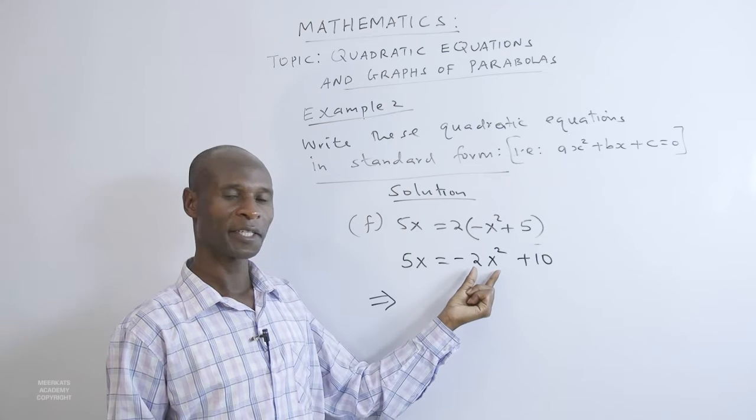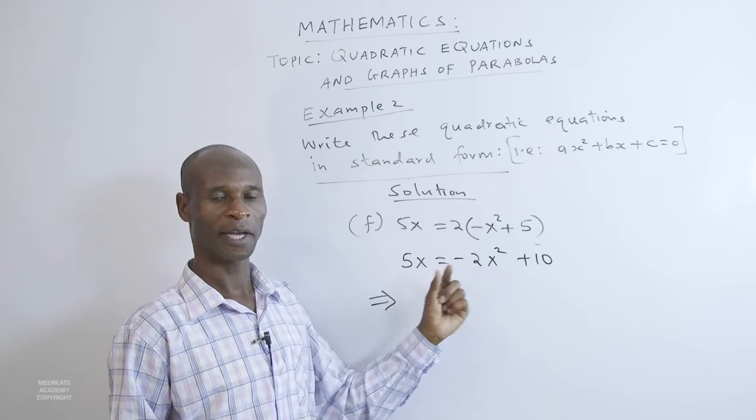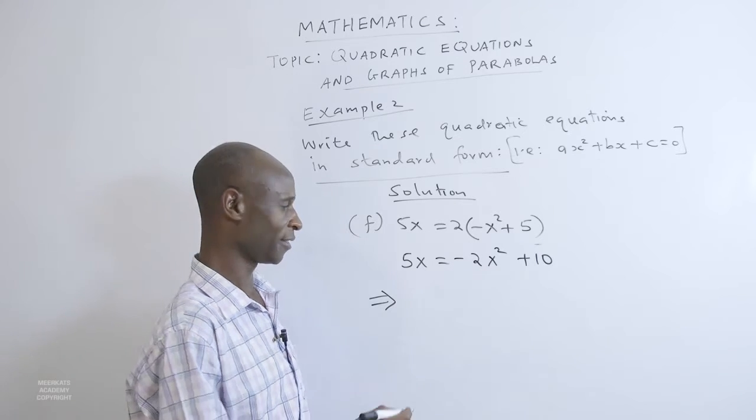To collect the quadratic term to the left-hand side, because it's minus 2x squared, we add 2x squared on both sides.